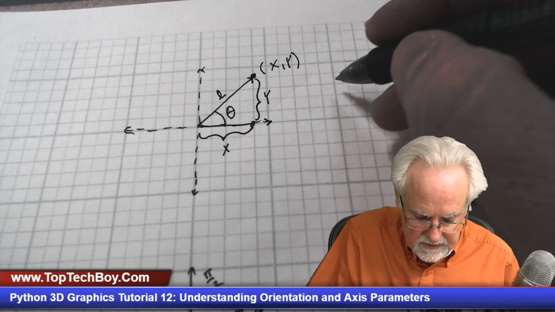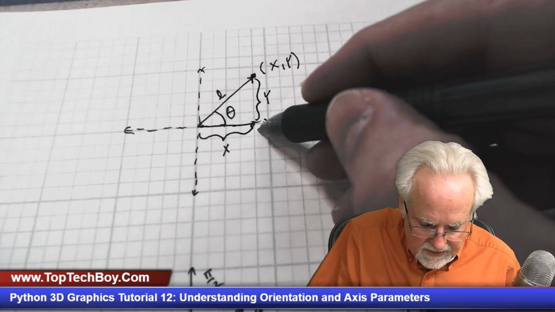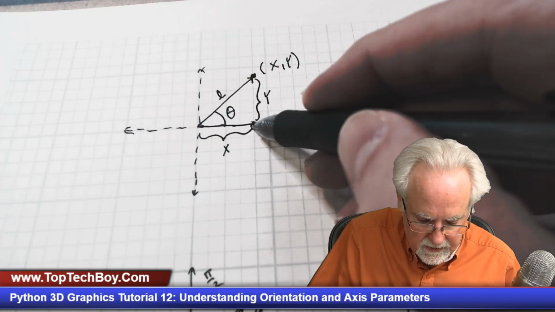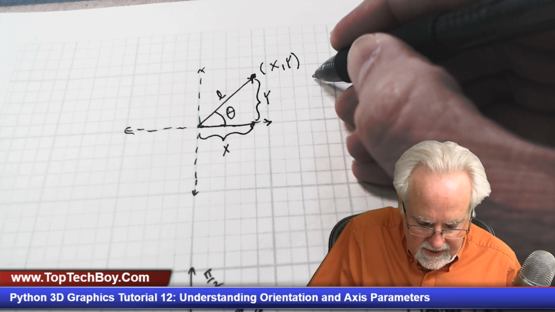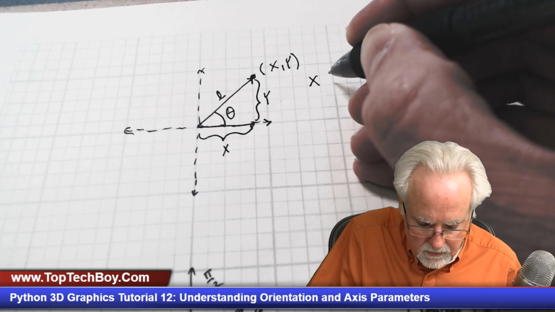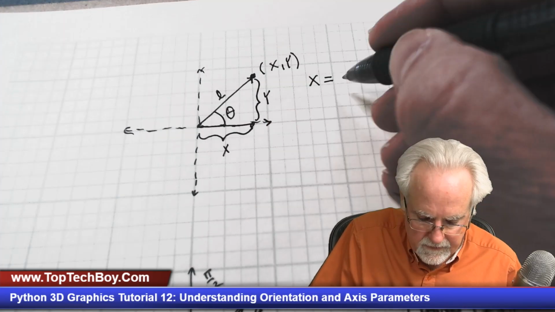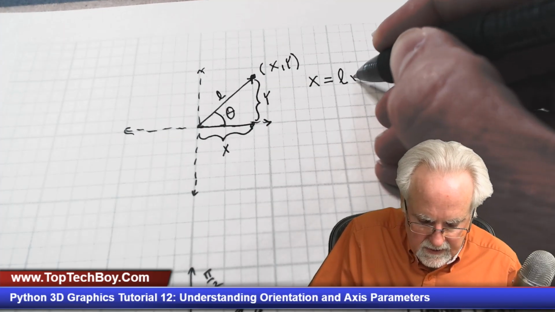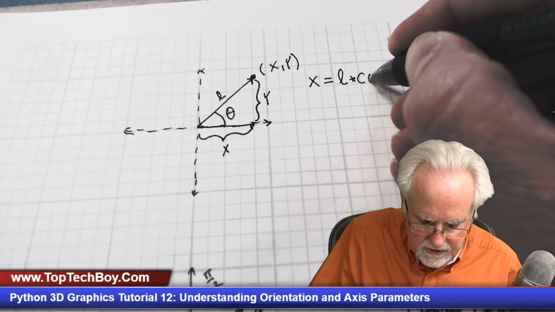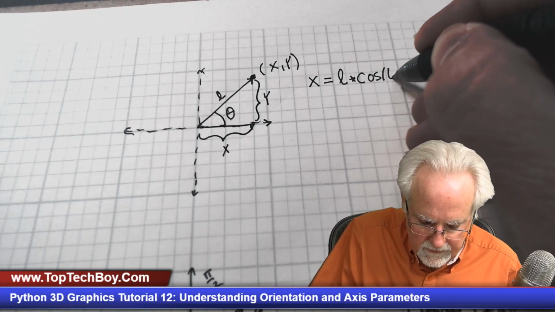And what it is that this x value, how far is it from here to here, depends on the angle. And that x value is equal to the length of the vector L times the cosine of the angle.